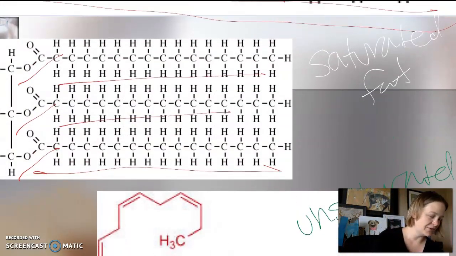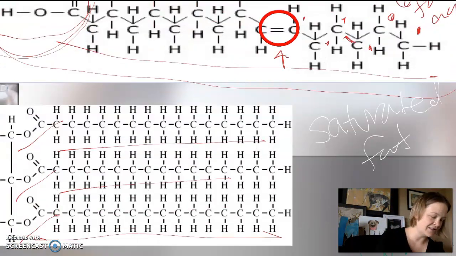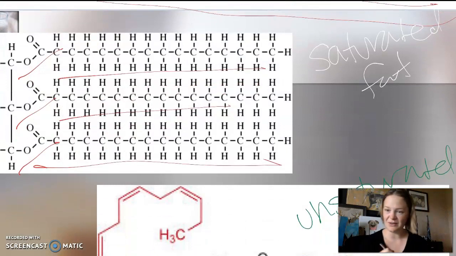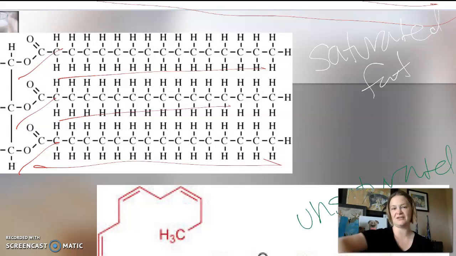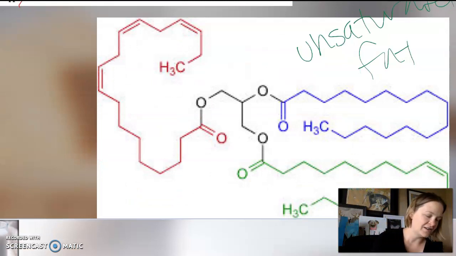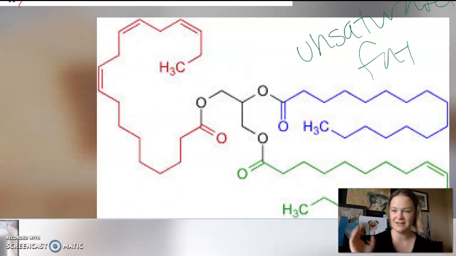Typically, people will say that saturated fats are more associated with heart disease and building up along the edges of your artery. So people will suggest that you limit the amount of saturated fats because they pack really nicely, where unsaturated fats don't.